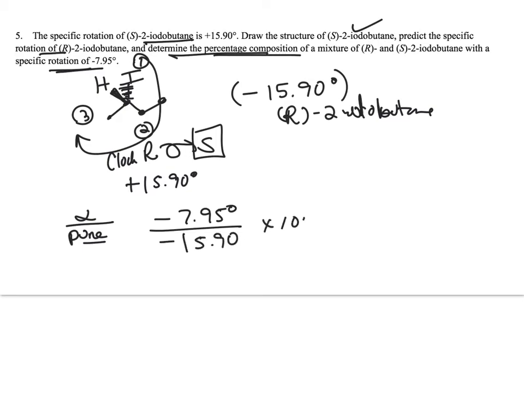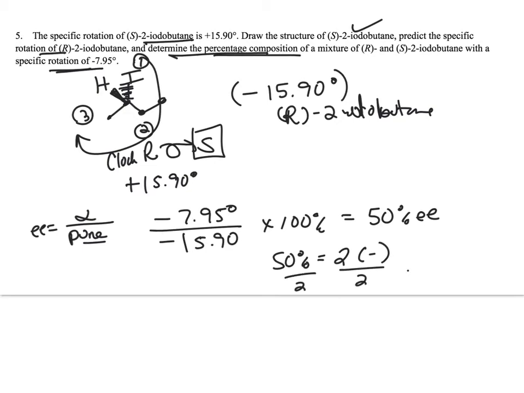And then you want to multiply that by 100% because we want to find the enantiomeric enrichment. So when you do that, you will see that you get 50% EE. So then 50% EE is 2 times your negative component. So you divide by 2, and 50% divided by 2 would be 25%.